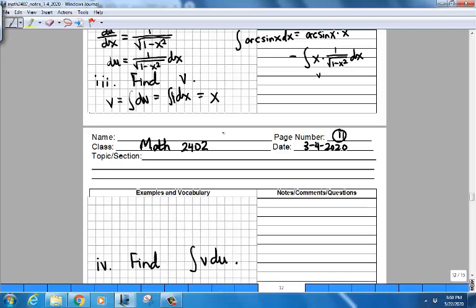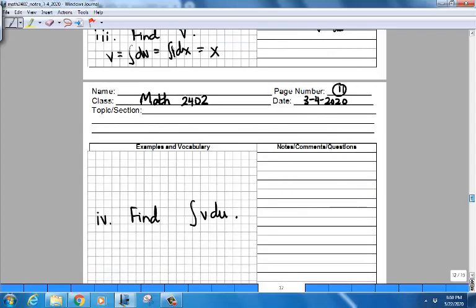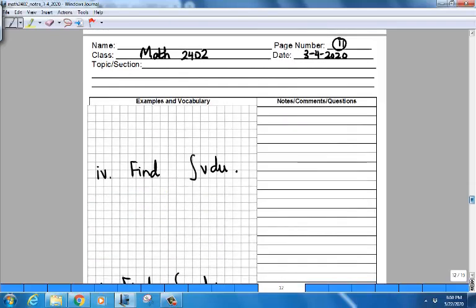So the antiderivative of v times du is the antiderivative of x times 1 over the square root of 1 minus x squared dx. The reason I think this is maybe not all that bad is that the quantity under the square root, 1 minus x squared, has derivative minus 2x, and here we have an x outside of the square root.